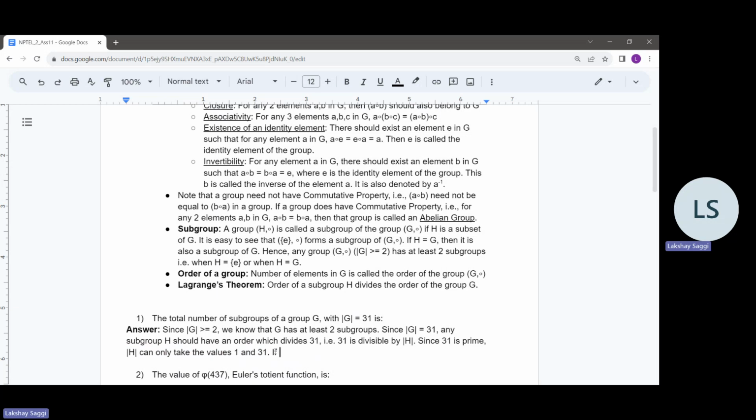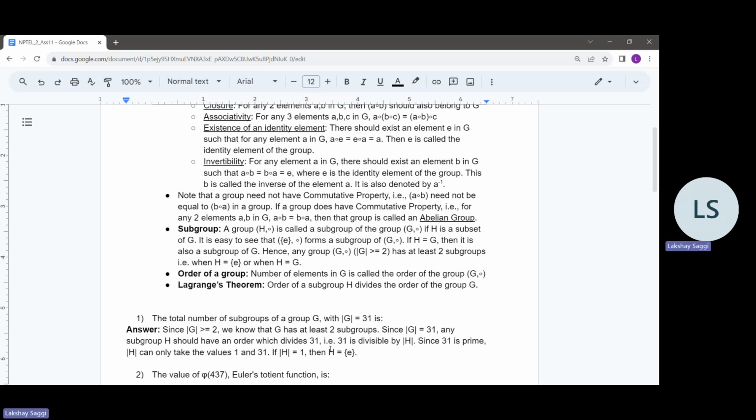Note that if |H| is equal to 1, this means H only has one element. We know that a subgroup always has an identity element, so if the order of H is 1, there is only one choice of H, which is nothing but the identity element.